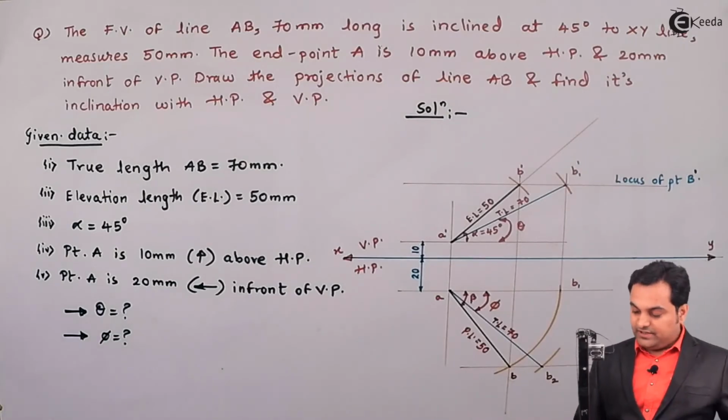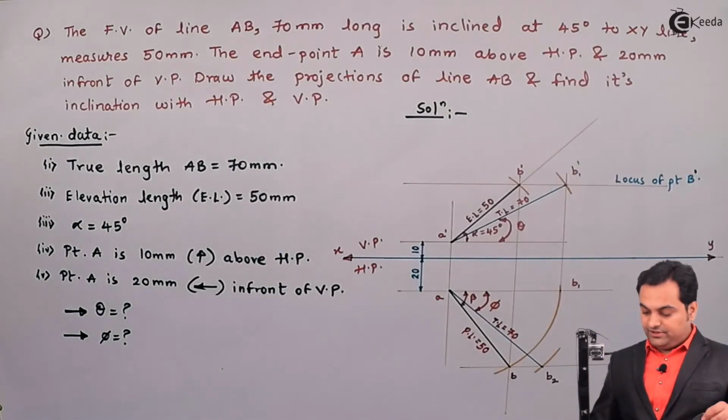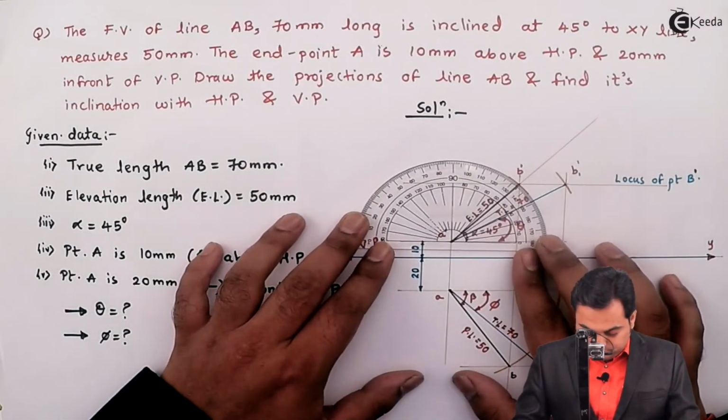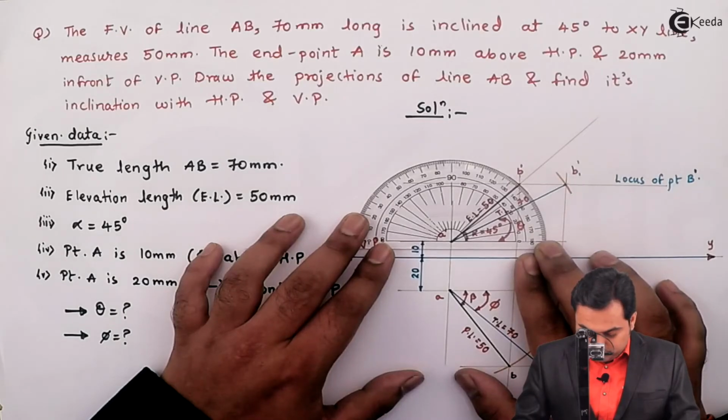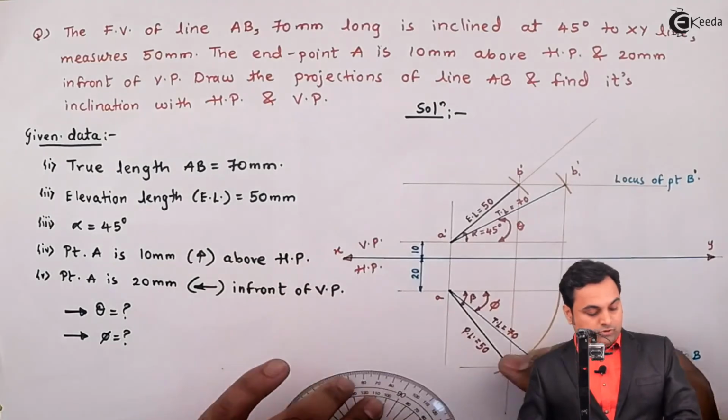So I need to measure this angle. At first I am measuring the angle theta. It is coming out to be 30 degree.